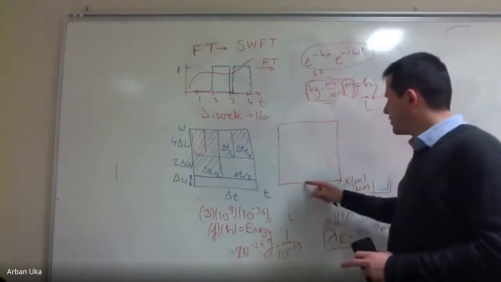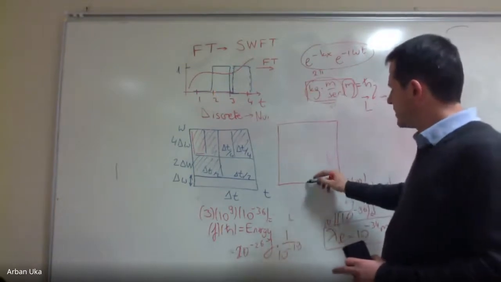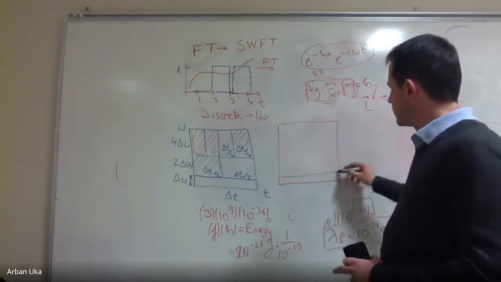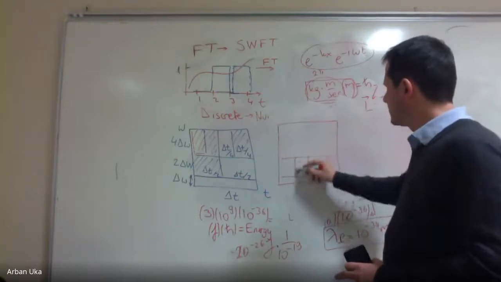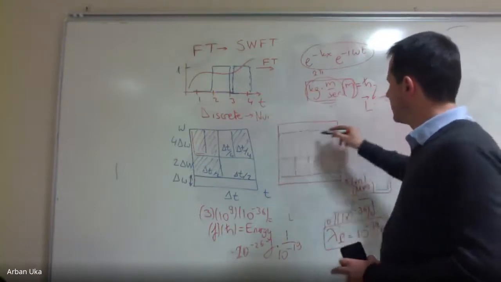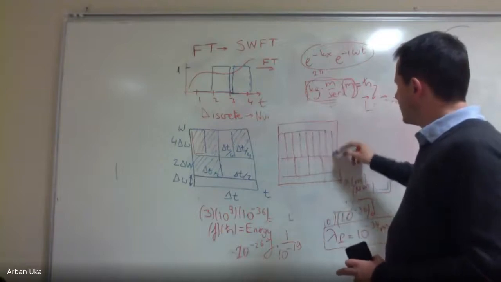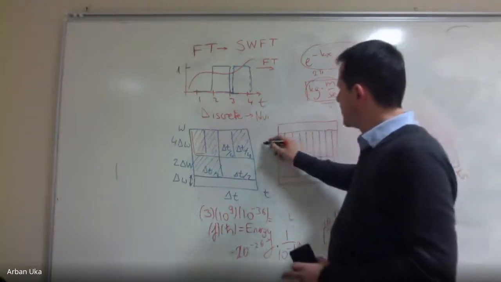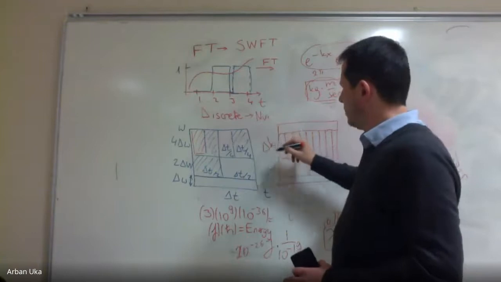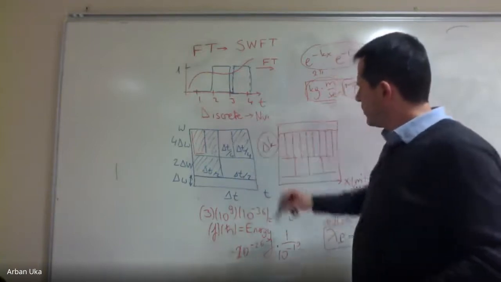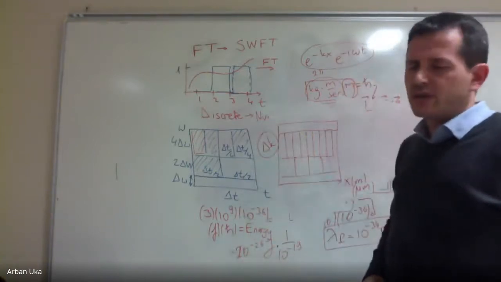Then you try to increase the resolution, but as you increase the resolution, what we are doing is that we are dividing this more and more, but then by increasing the resolution in space, we lose information, or we decrease the resolution in the k-space. Okay?